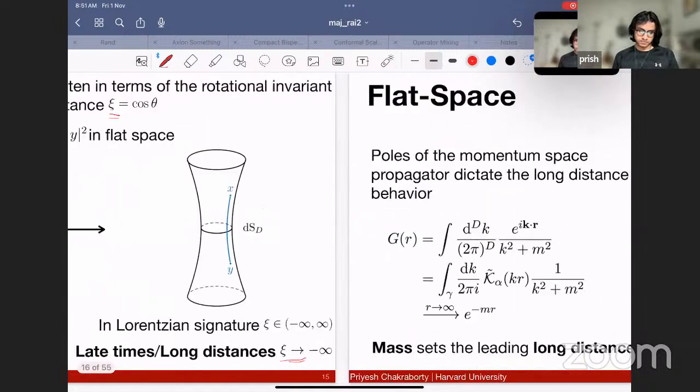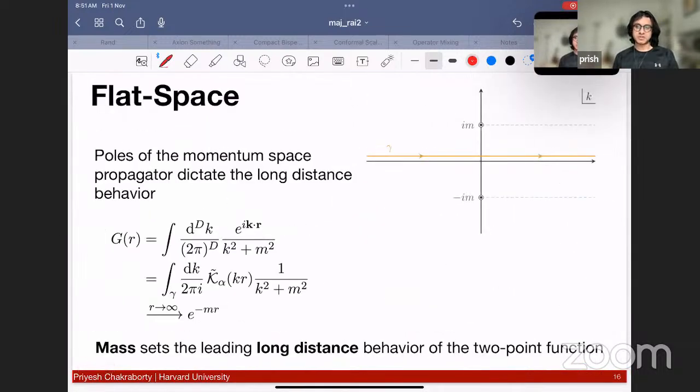So how is this done? Well, everybody knows this already, but let me just remind you how something like this is accomplished in flat space. You do something similar in flat space as well. When you analytically continue (x minus y) squared onto Euclidean signature, this can only be positive definite, or positive semi-definite.